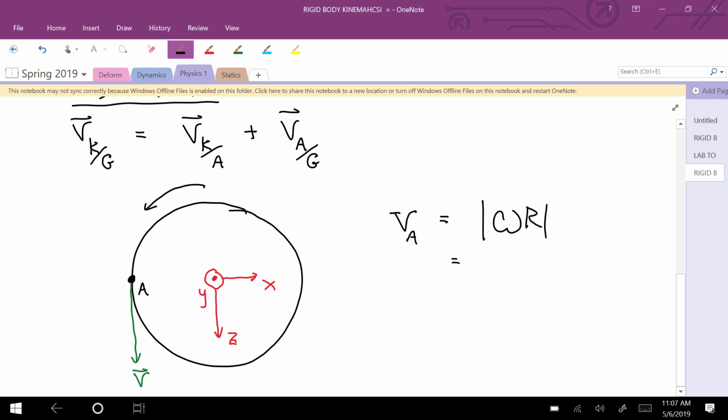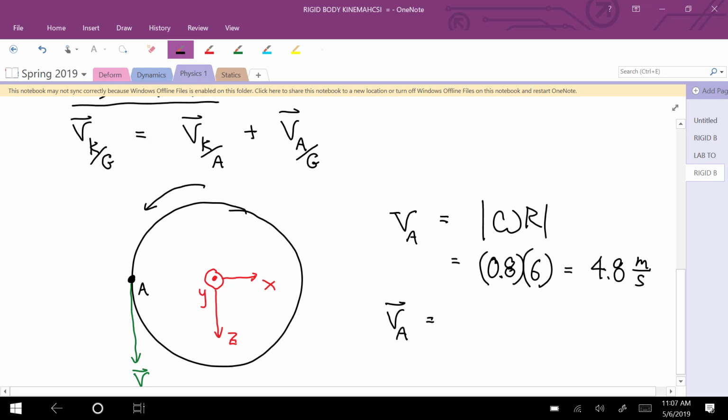And so that is equal to 0.8 times 6. So that's 4.8 meters per second. And that's pointing in the positive z direction. So the velocity of that point A is 0, 0, 4.8.